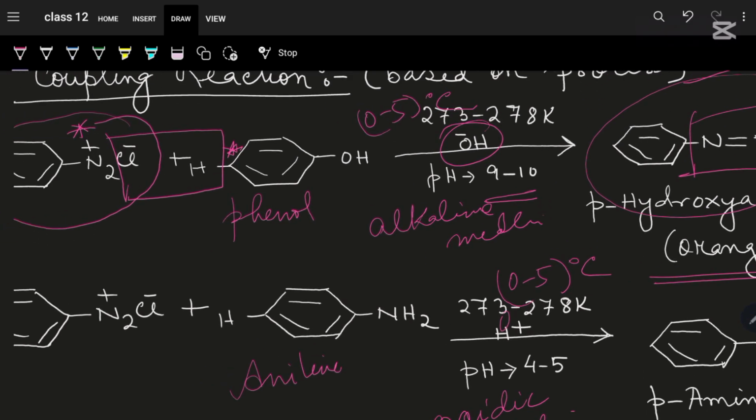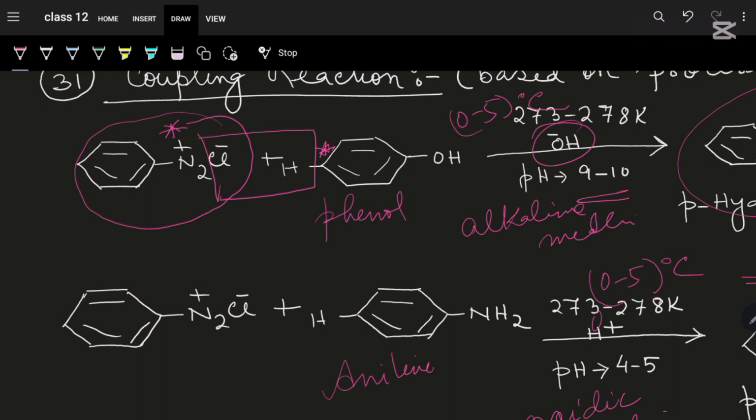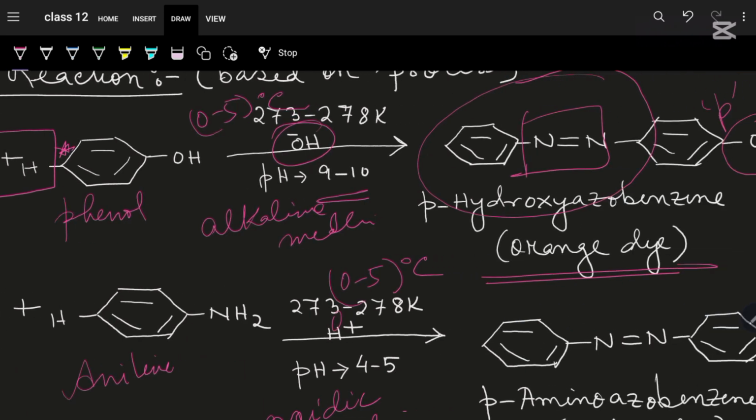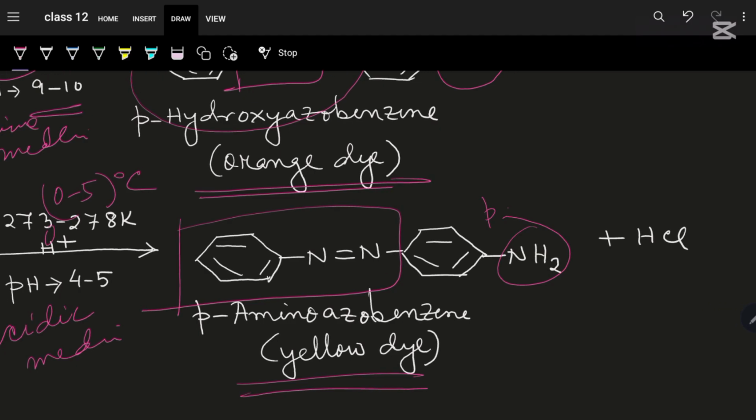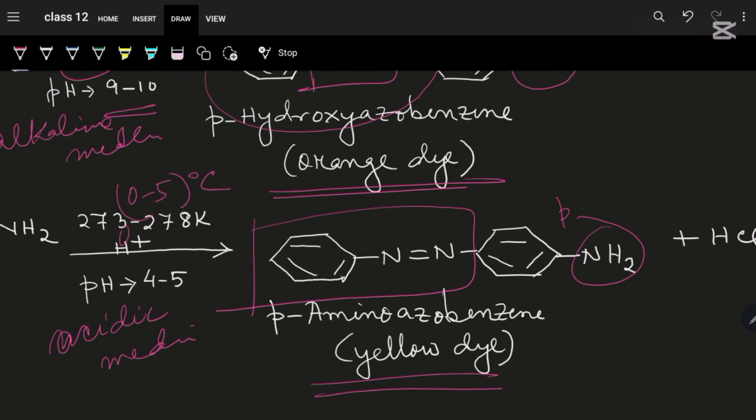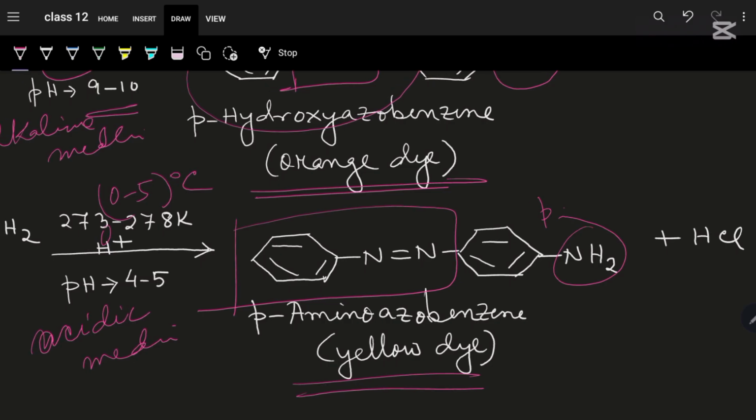Okay, and in case of phenol, it was dissolved in NaOH, it was alkaline medium. So here you are getting again a dye which is yellow in color, and at the para position there is amino, and this is your azobenzene. So it is para-aminoazobenzene with HCl as the side product.